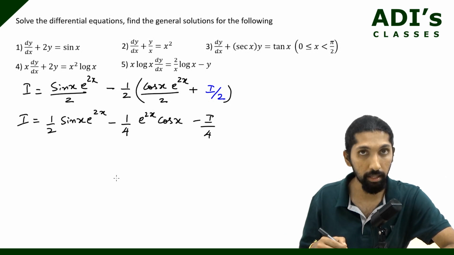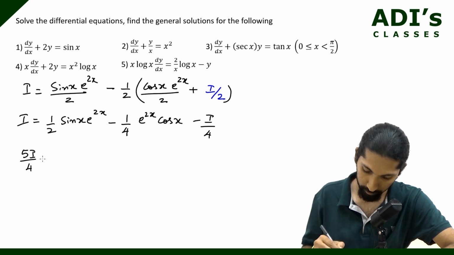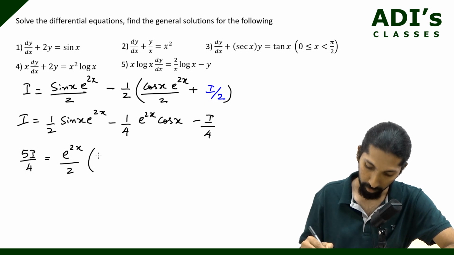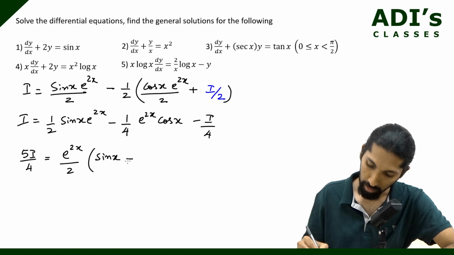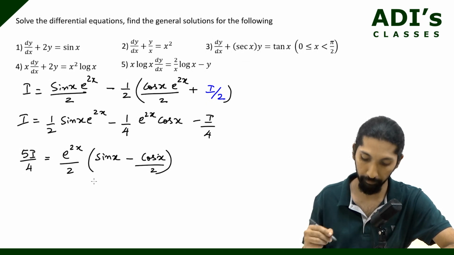So I plus I by 4, which is 5I by 4, is equal to, taking e to the power of 2x divided by 2 common, sin x minus cos x divided by 2, right?